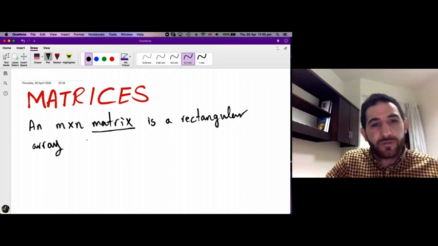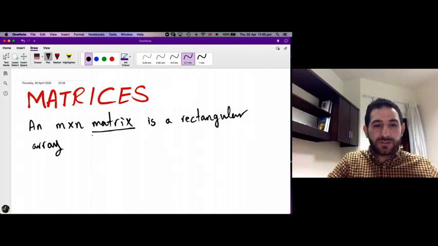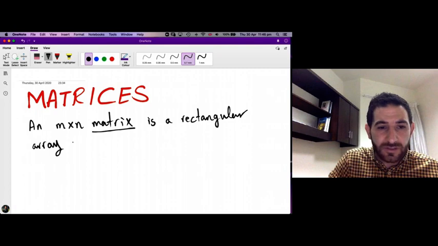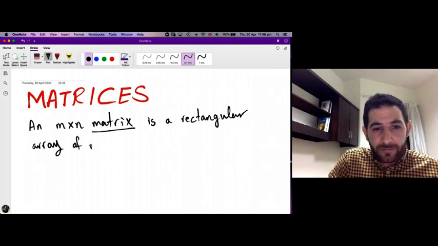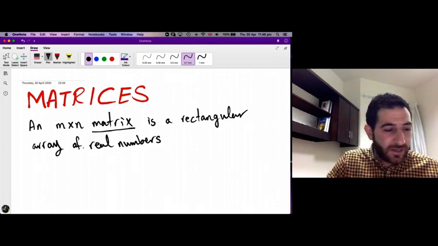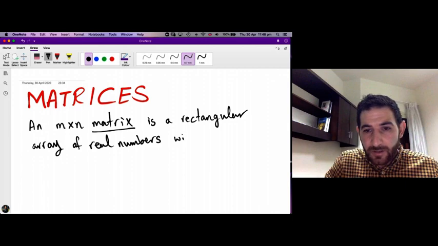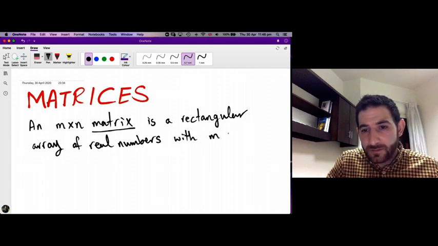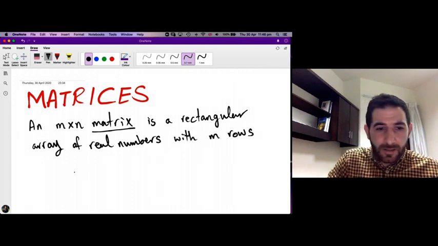It could be of complex numbers, but in this course we restrict ourselves to real numbers. It's a rectangular array of real numbers, in which this array consists of m rows and n columns.